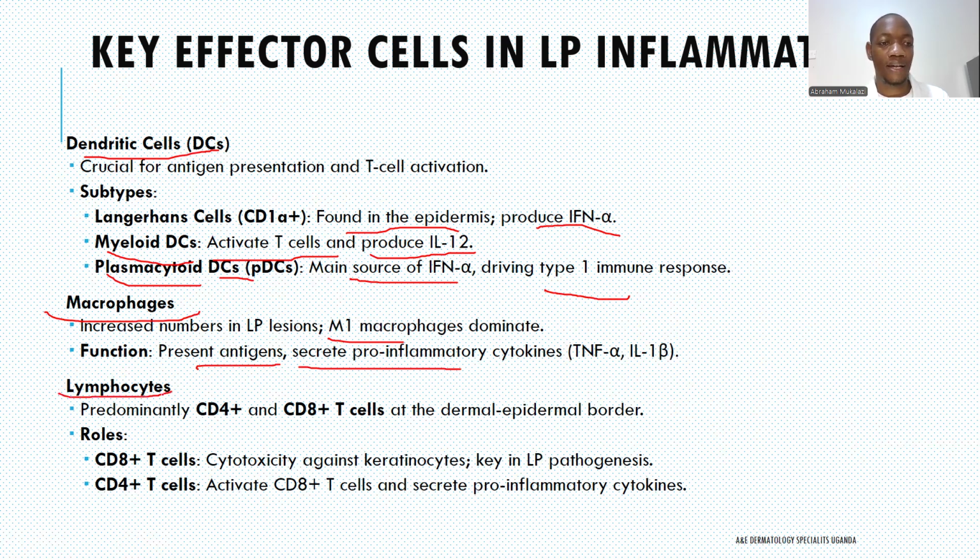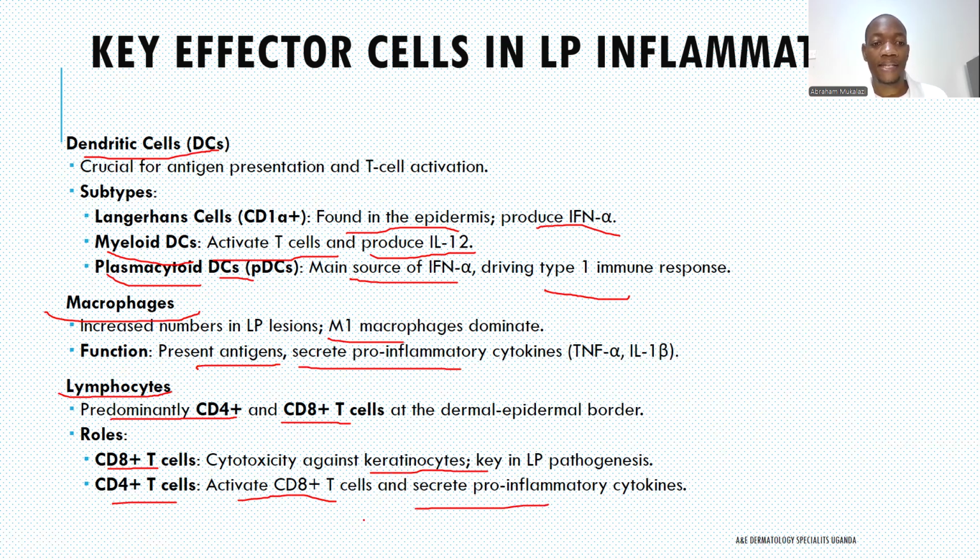Then you have the lymphocytes, predominantly the CD4 positive cells and the cytotoxic cells at the dermo-epidermal border. The CD8 cells, the cytotoxic cells, are the ones that destroy the keratinocytes. The CD4 cells are helper cells. They are responsible for activating the cytotoxic T cells, and they also secrete pro-inflammatory cytokines.